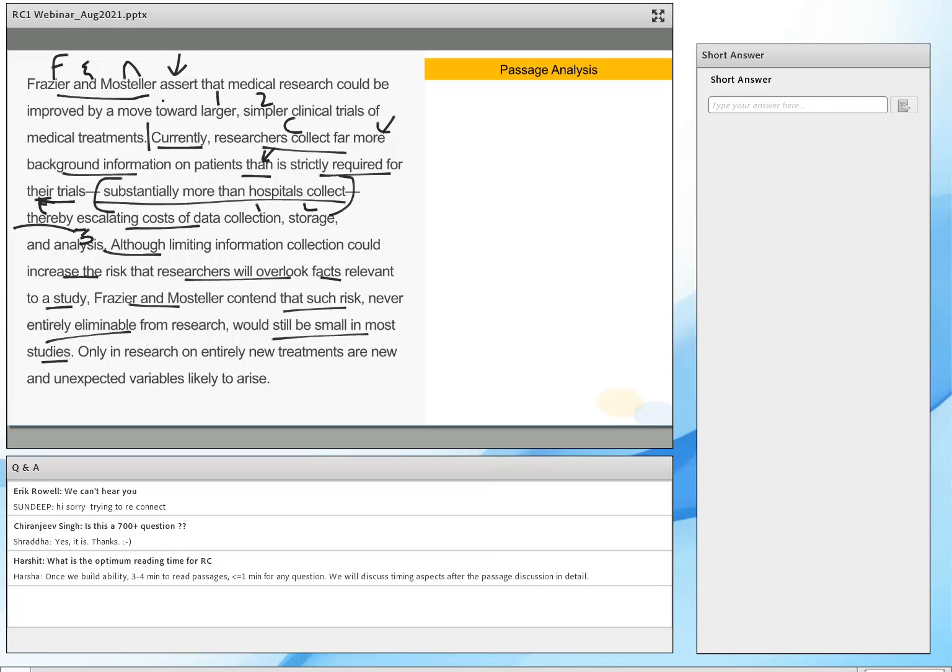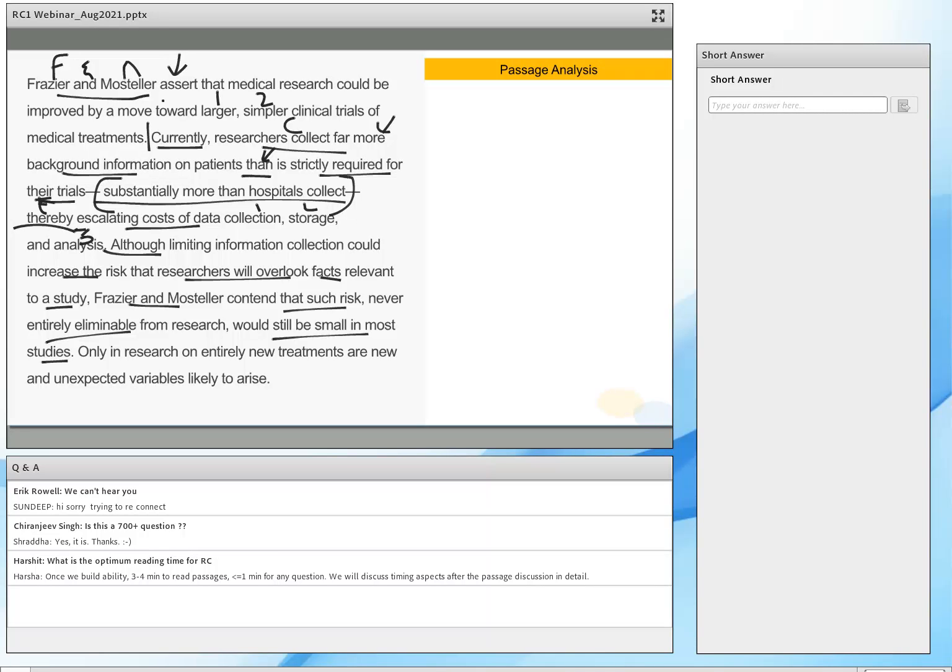Here somebody may pose an objection to F&M's suggestion: you are asking us not to collect so much data? If you limit the amount of data we collect, we will run into the risk of not considering certain variables that could be important for that particular trial. So F&M are ready with their answer to this argument as well, and that's why it comes from "contend." They are 100% sure of what they are saying.